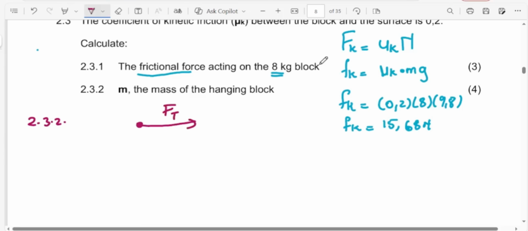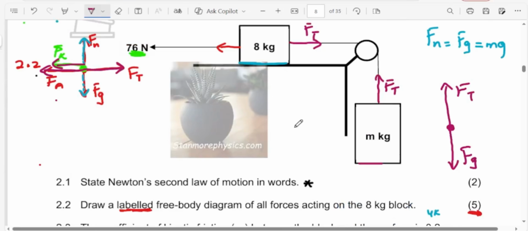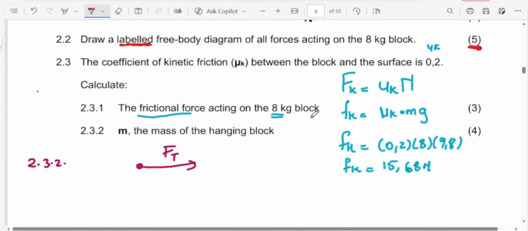Remember, it's very important to remember why we are going back to the 8 kg block: because we are trying to find tension. So this is my tensional force, and I have another force going in that direction, which is my F applied. Then I have another force, which is Fk.